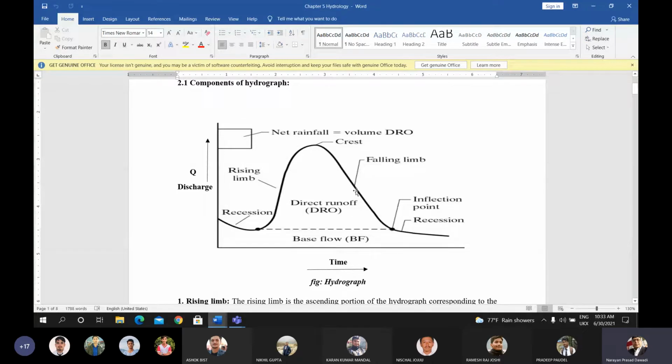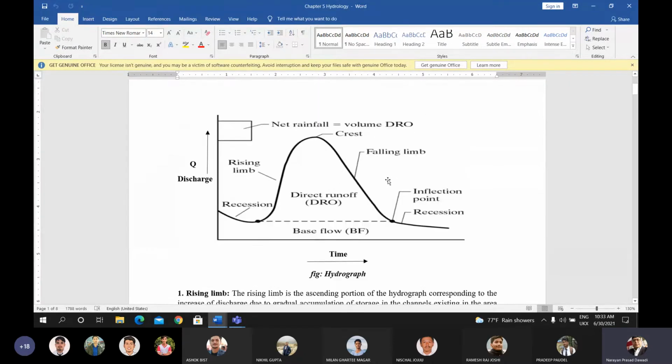This curve is the falling limb, and this is the rising limb. The maximum discharge containing part is the crest segment. So: rising limb, crest segment, and the falling limb.